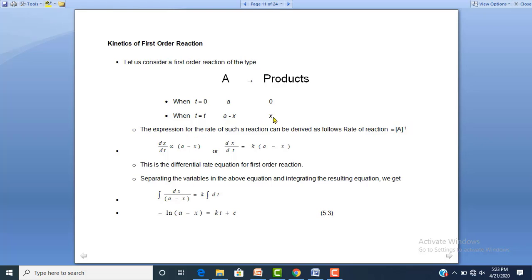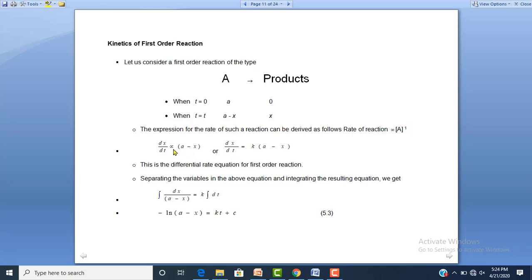For such reactions, when we write the expression for rate of reaction, then the rate of change of concentration of x with respect to time, dx over dt, is directly proportional to a minus x.